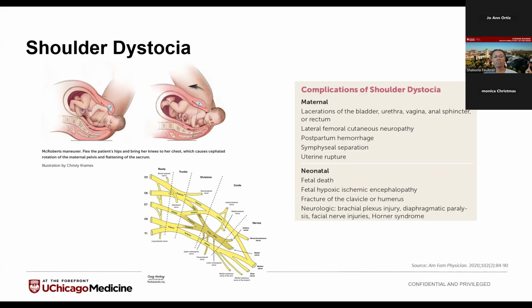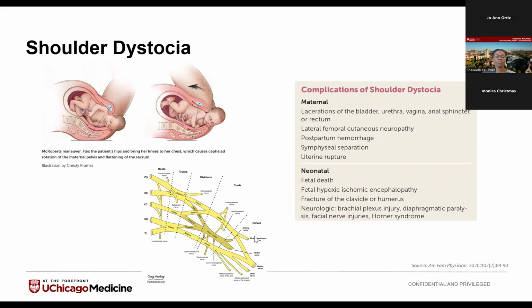That can increase the risk for shoulder dystocia, meaning that the head comes out and the shoulders and body don't easily follow. The concern is that in the attempts to deliver, strain can be put on the neck that could potentially injure the brachial plexus, which is this complex of nerves that go through the neck into the arm.